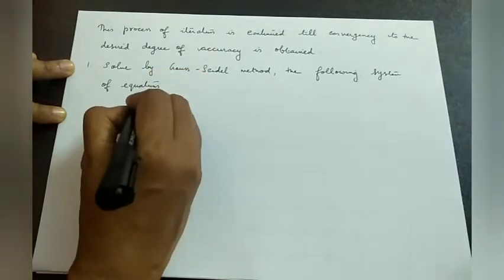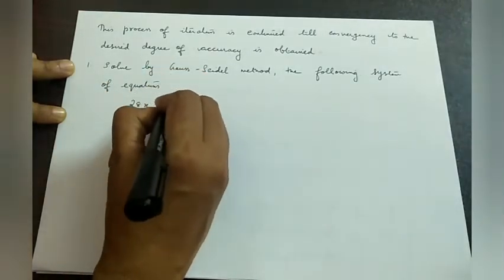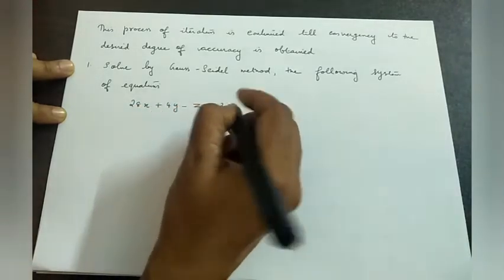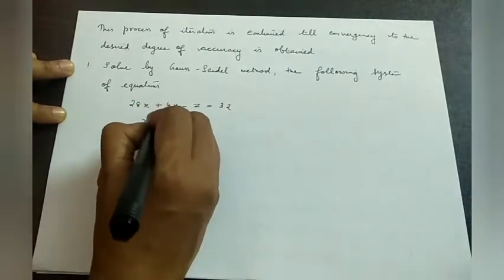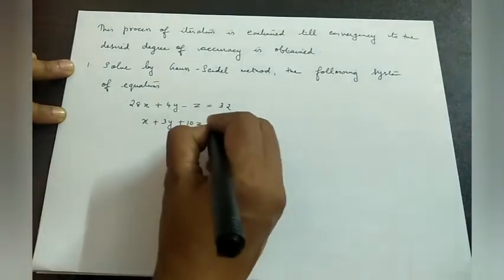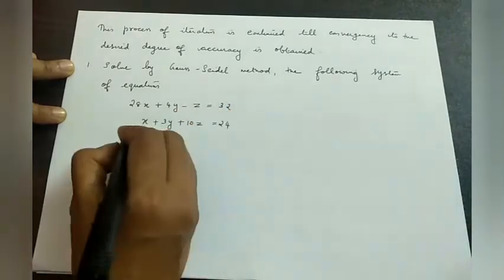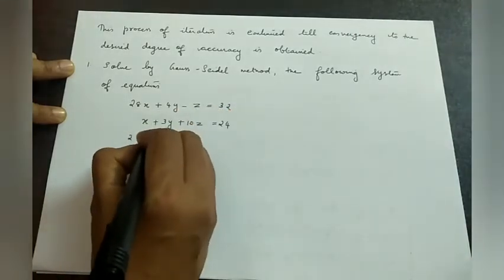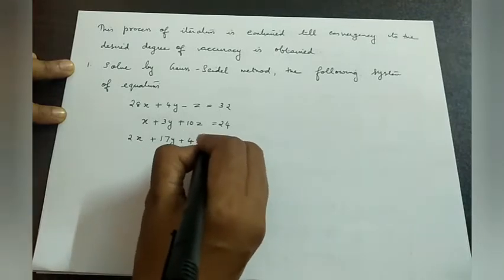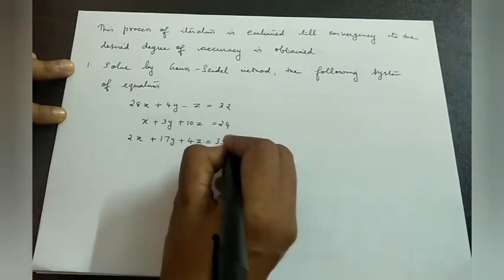That is 28x plus 4y minus z is equal to 32. Second equation is x plus 3y plus 10z is equal to 24. And the third one, 2x plus 17y plus 4z is equal to 35.